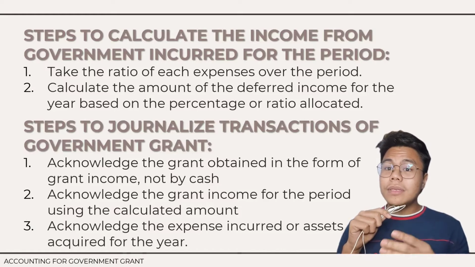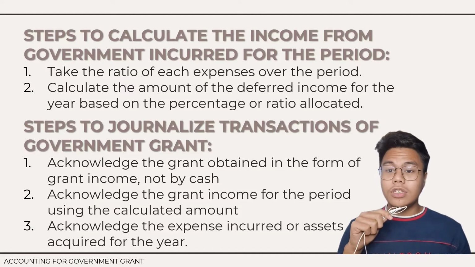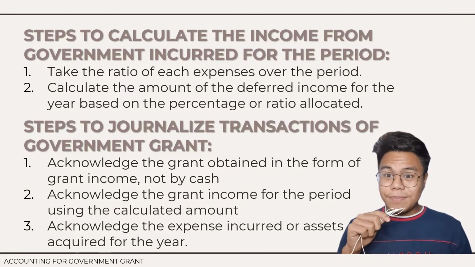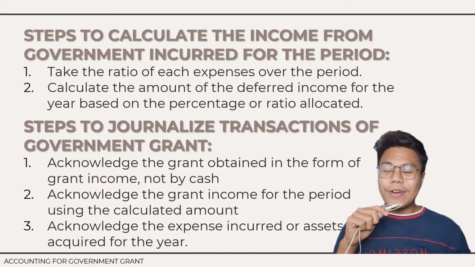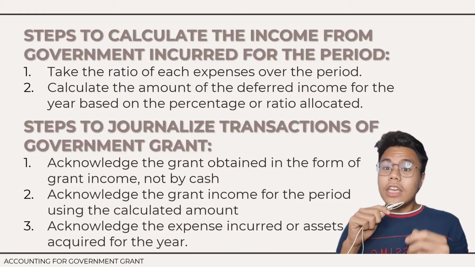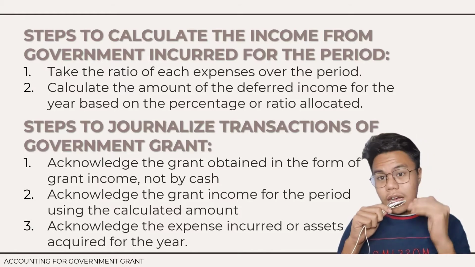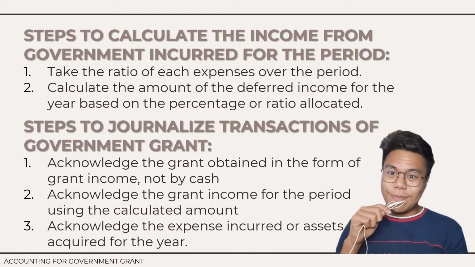So the grant income is limited to the useful life of the asset. So take note, I don't know how to say this in Tagalog, but basically we just need to focus on recognizing the income for that period or for the accounting period itself in this income approach.